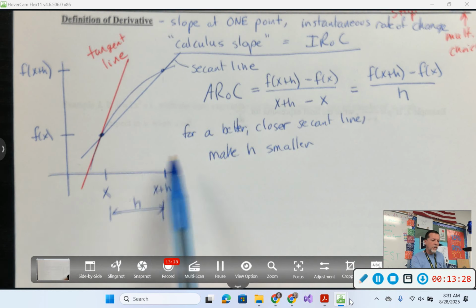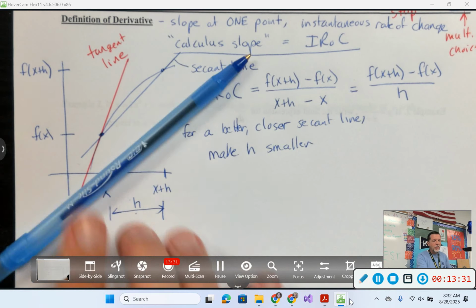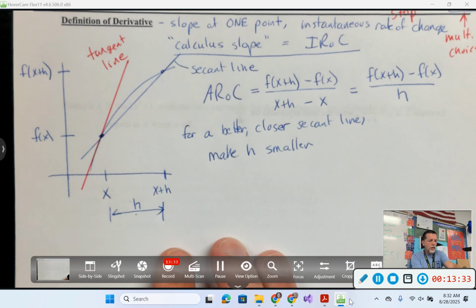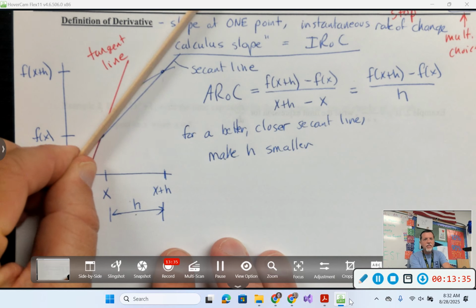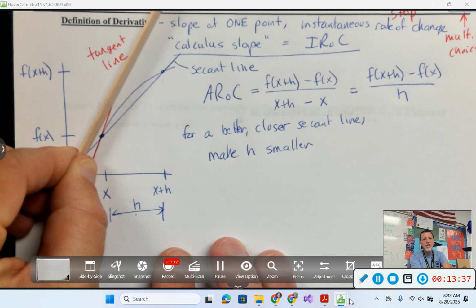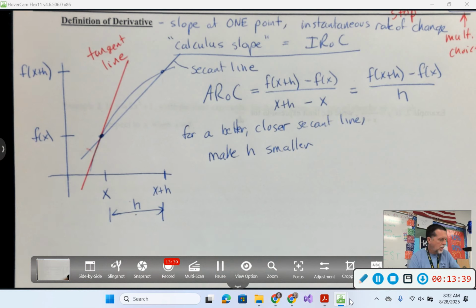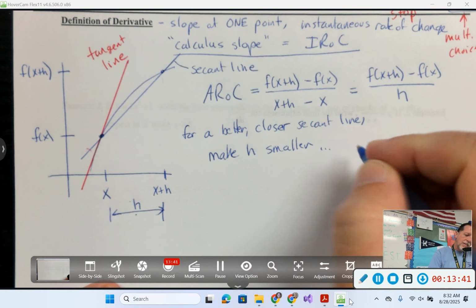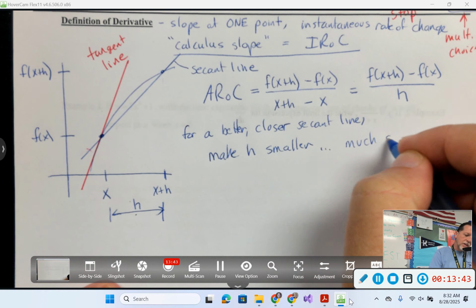Can you see that? The smaller we make h, then my secant line moves from way over there. It starts backing up, approaching the tangent line. In fact, what we ought to do is make it much smaller.